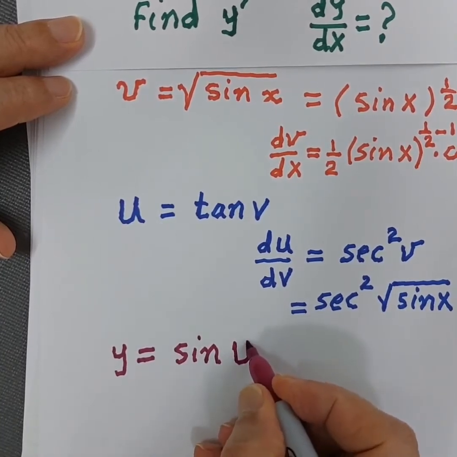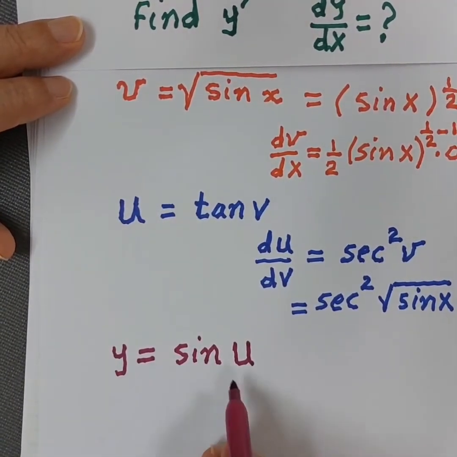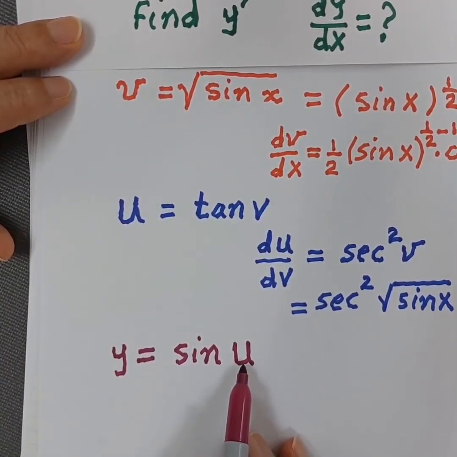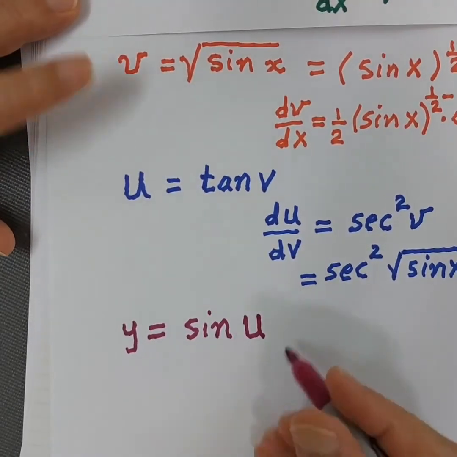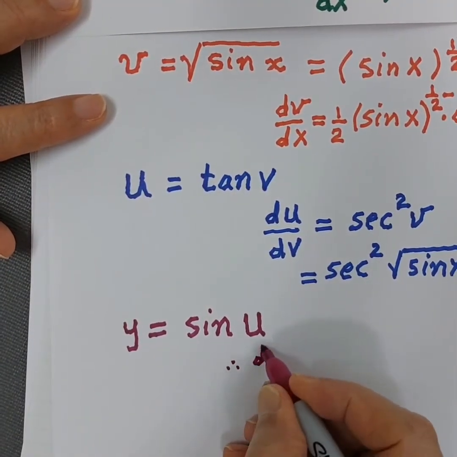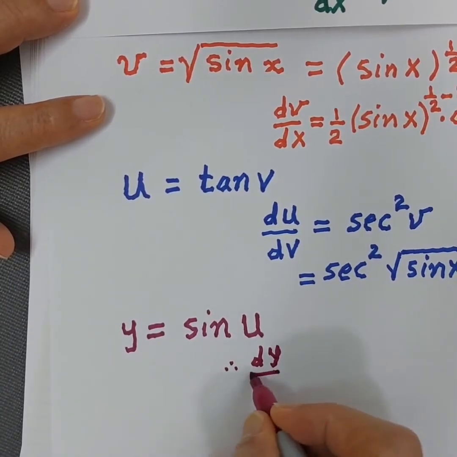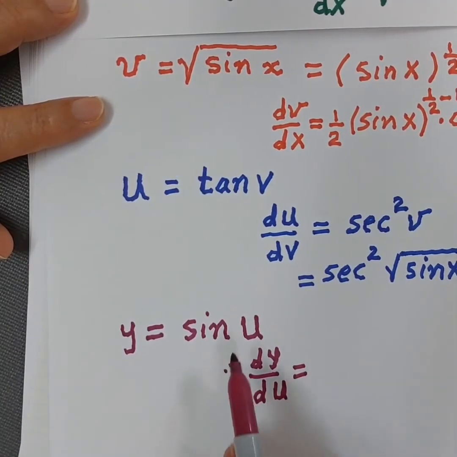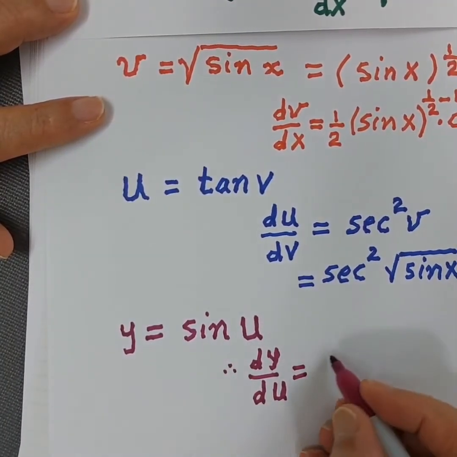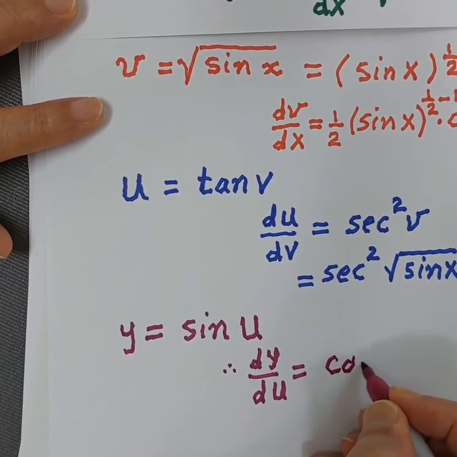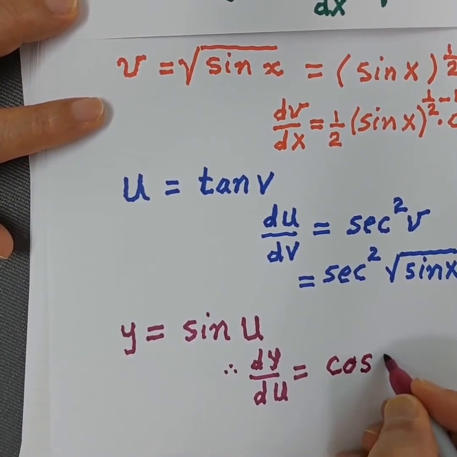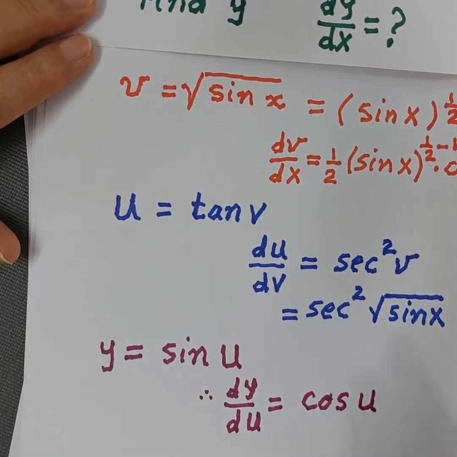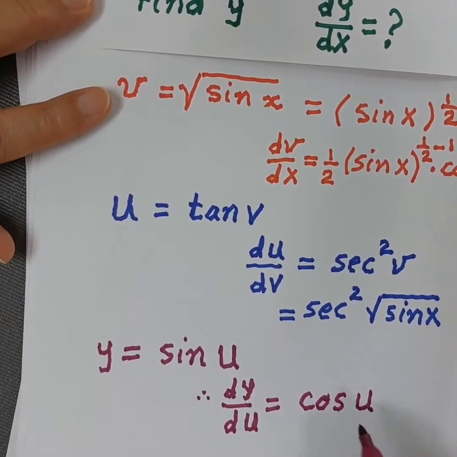And also it is easy to find the derivative for this, derivative of y in respect of u. This will be dy by du, which is the derivative of sine is cosine. So it is cosine u. And also we will do the same by replacing u by the value of it.